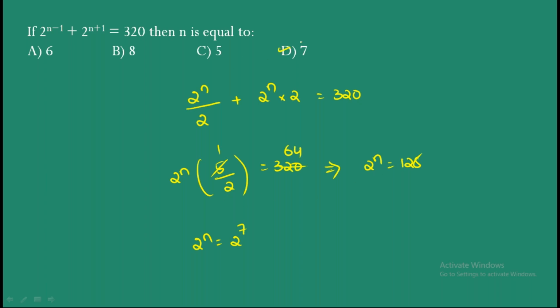We can say n value is 7. N value we'll find it as 7 once we solve this. Got it? Very good. As bases are equal, powers must be equal.